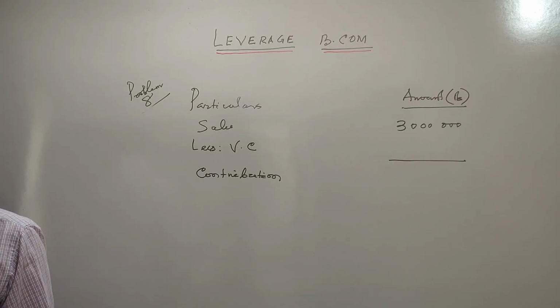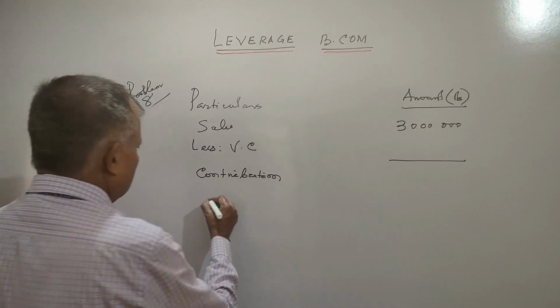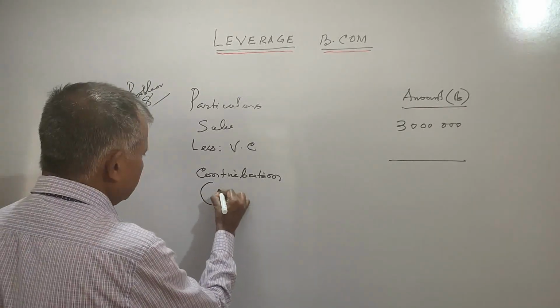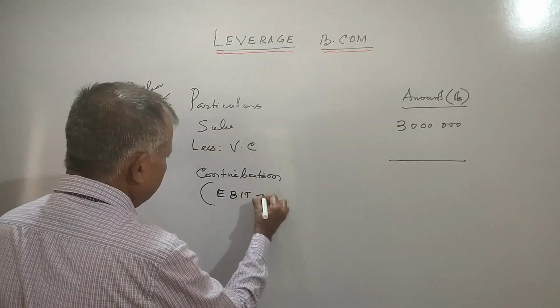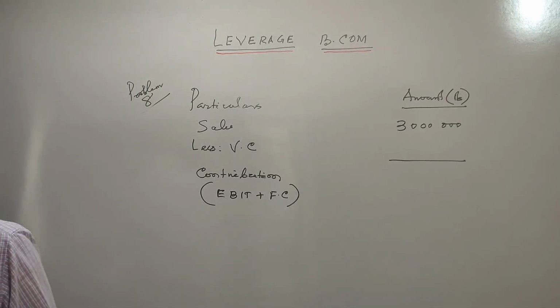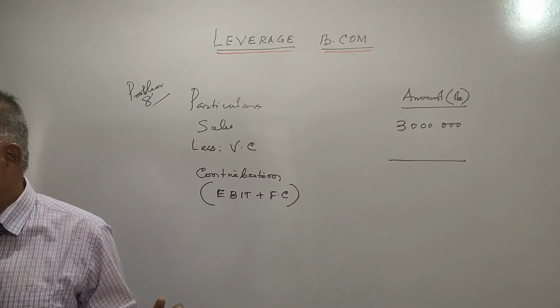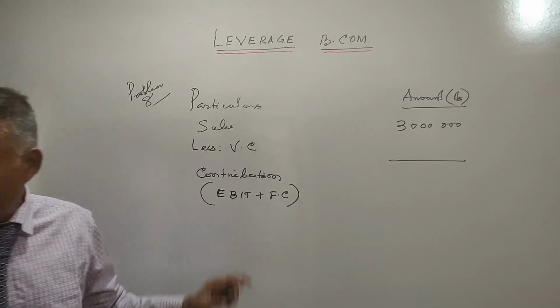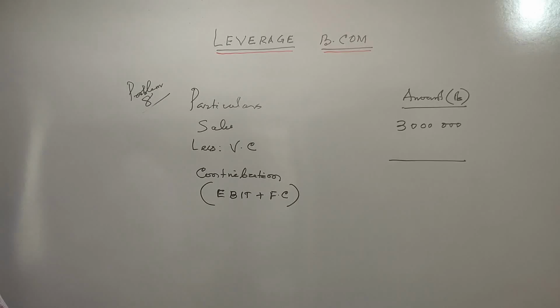So if we add EBIT plus fixed cost, this will be your contribution. We have found out the EBIT as 5,10,000, and the fixed cost as they given you is 2,04,000.